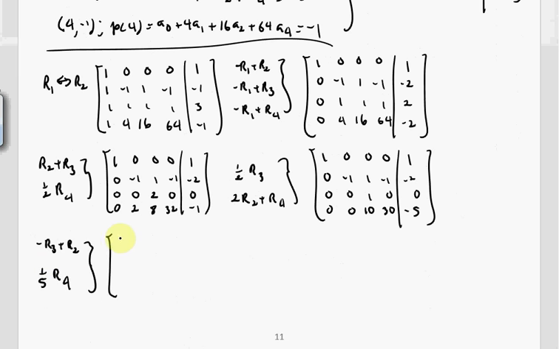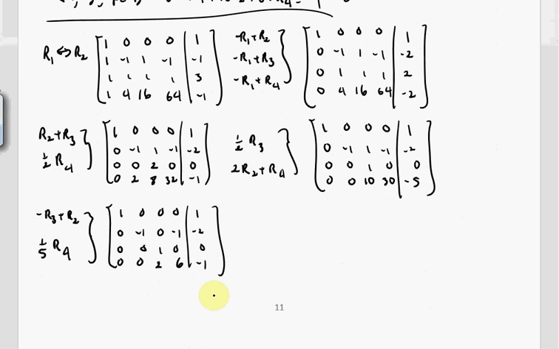And then I think from there we should be able to extract the answer. Well, if you want, we could take this 1, let's negate row 2, and say negative 2 times row 3 plus row 4.